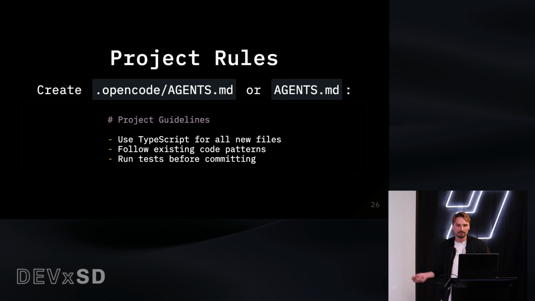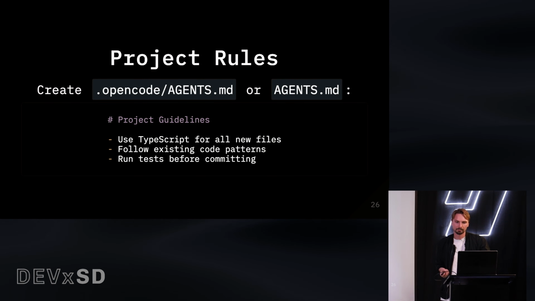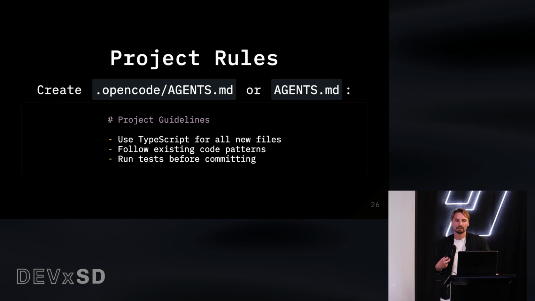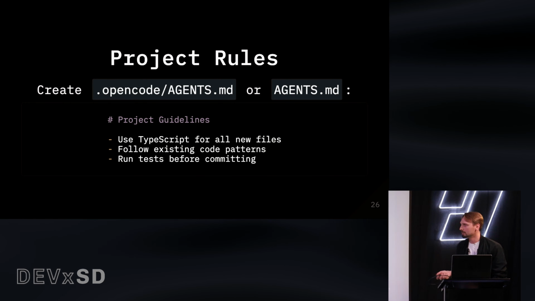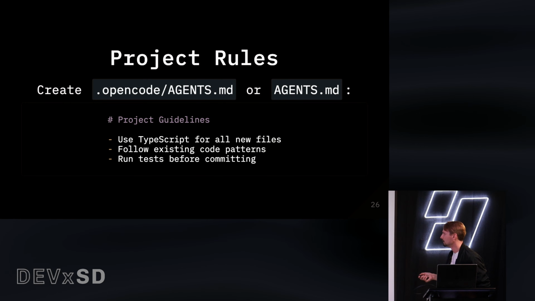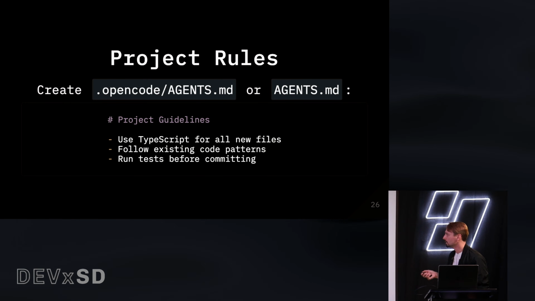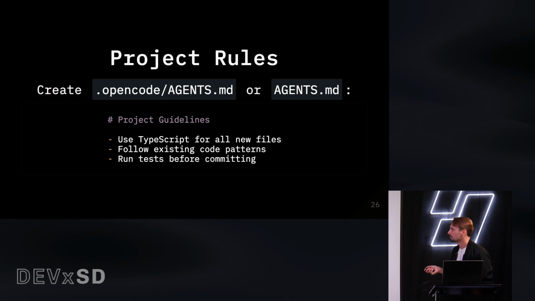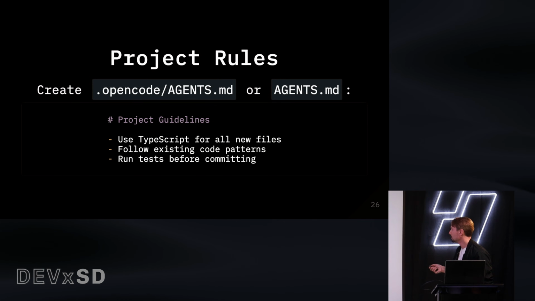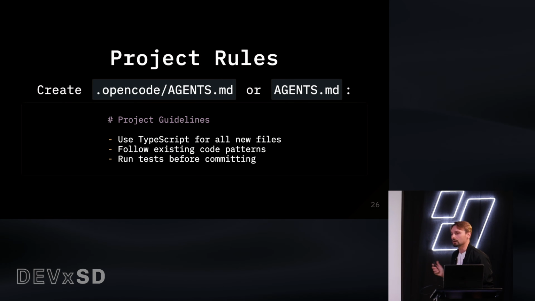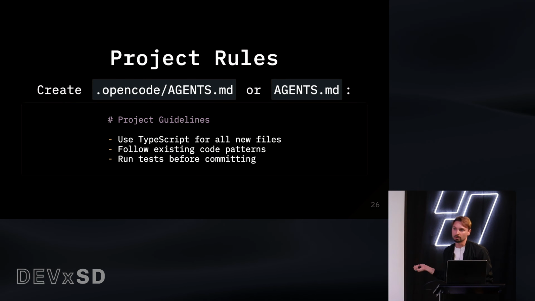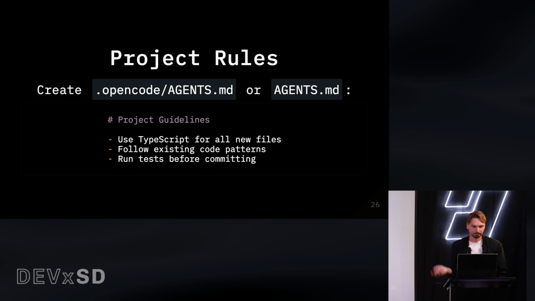It defines coding standards. It can also specify conventions and different things like that. And how you would do that is either .agents and an agents.md file within the OpenCode config file itself, or the agents.md file within your project. So you have two places, one that's more global and one that's more local to your project.